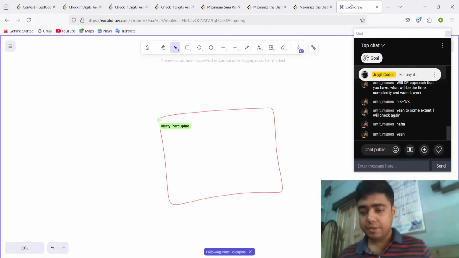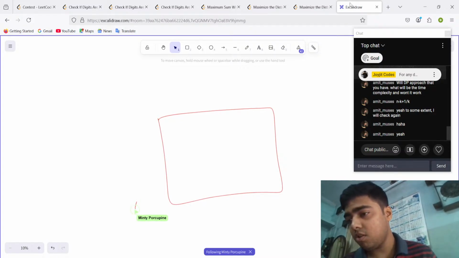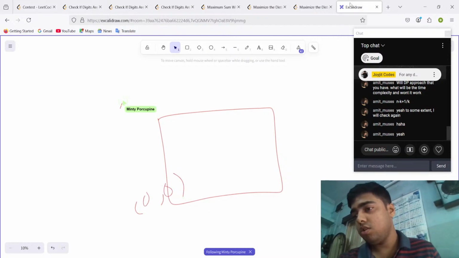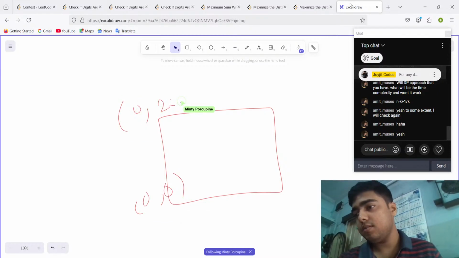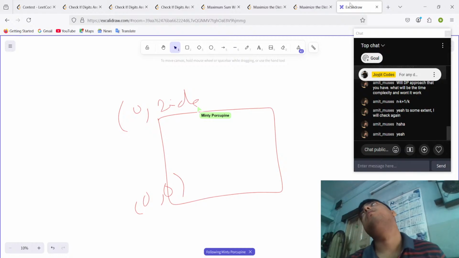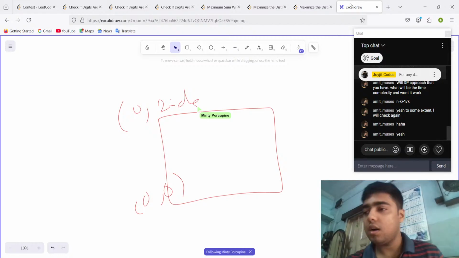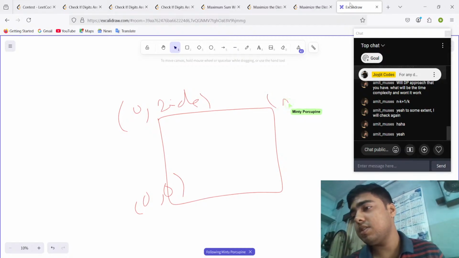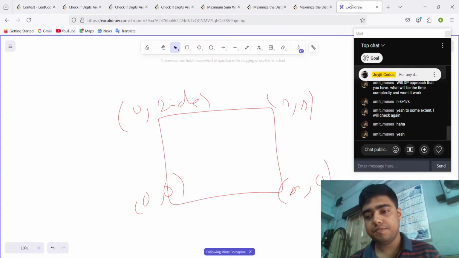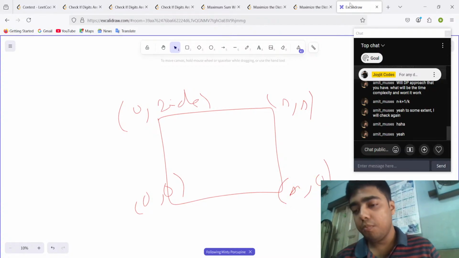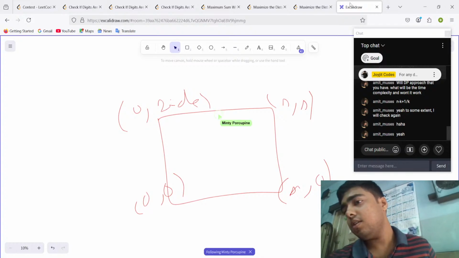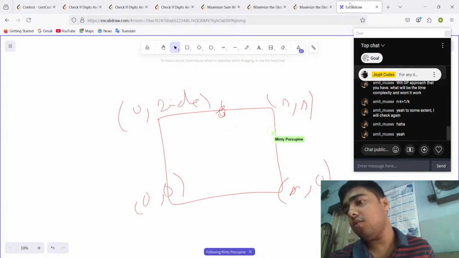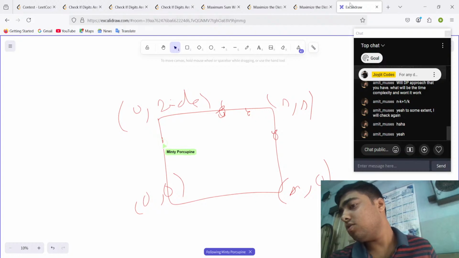What are the coordinates of the square? This starts from 0, 0. So this is going to be 0, side. This is going to be side, side, and this is going to be side, 0. Now you're given a few points which are there on the sides of the square only.